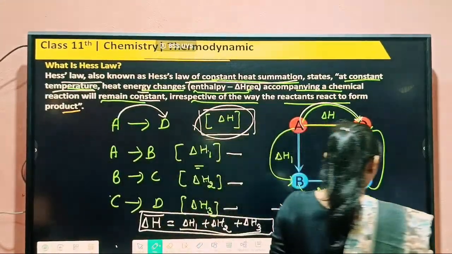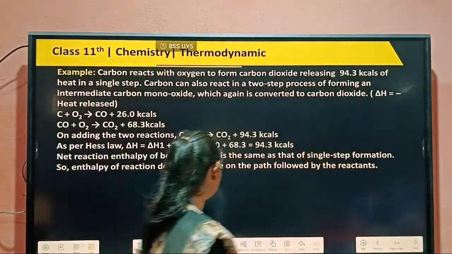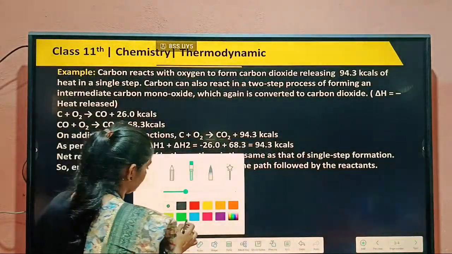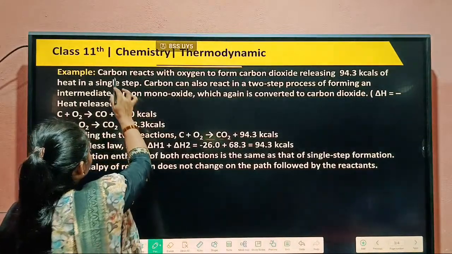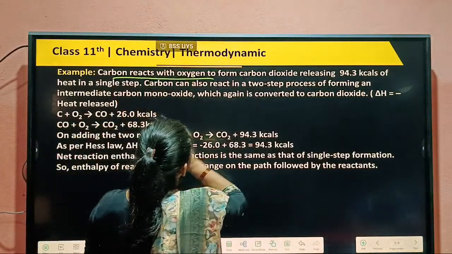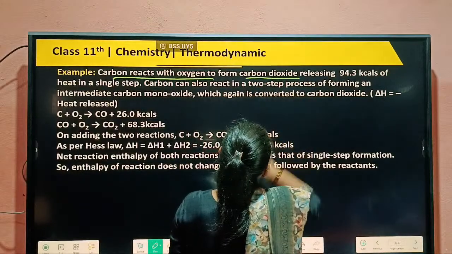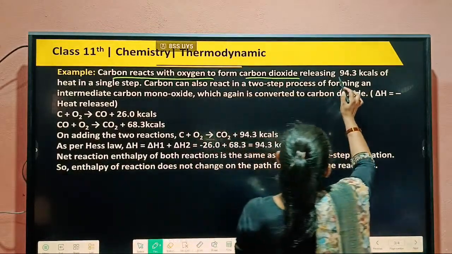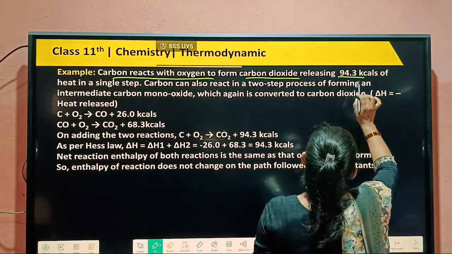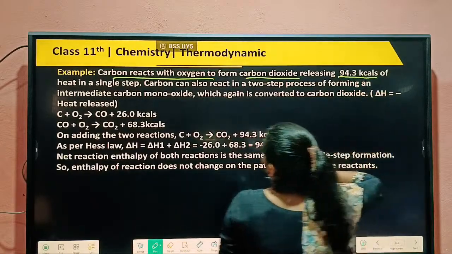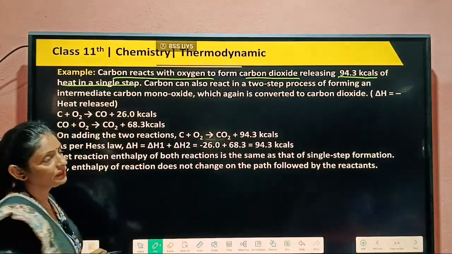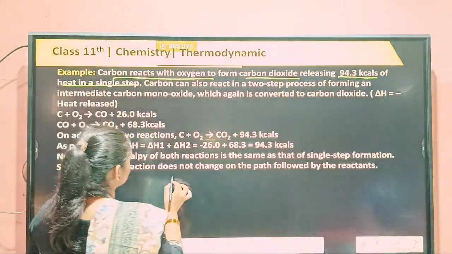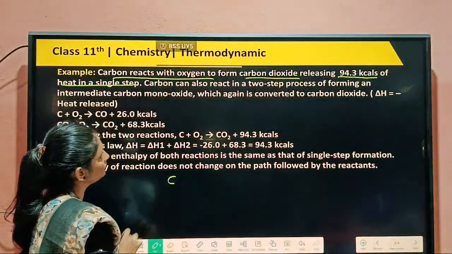You can understand it with the help of an example. Carbon reacts with oxygen to form carbon dioxide, releasing 94.3 kilocalorie of heat in a single step. Here you have carbon.